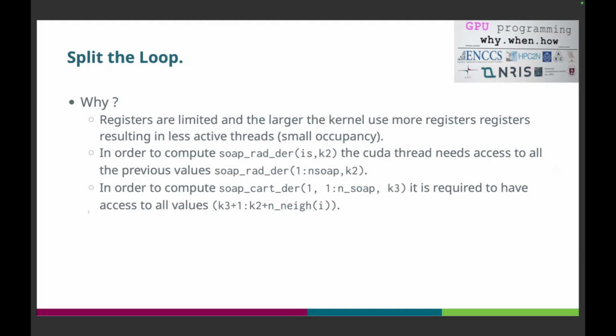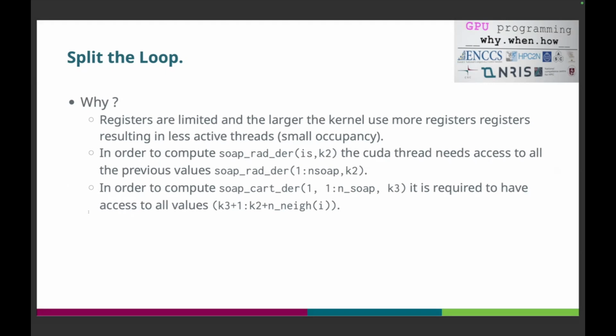So you end up with a small occupancy. So even if having more kernels would mean that we have to save some data to the global memory and read it again, the fact that we can use all the GPUs at all times can be beneficial.